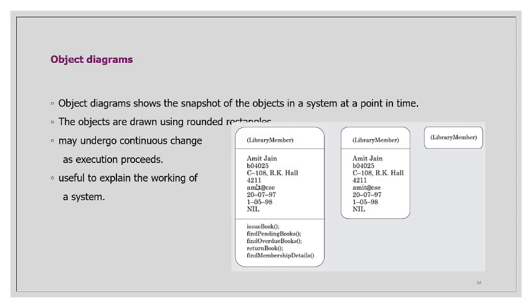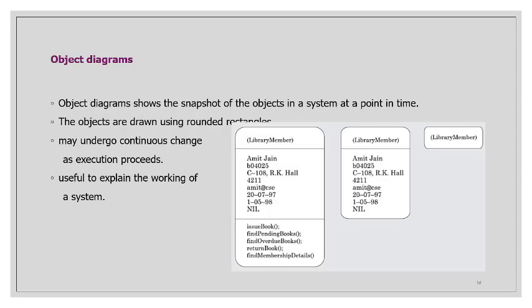The objects are drawn using a rounded rectangle. The classes are drawn in a rectangle, but the objects are drawn in a rounded rectangle. In an object diagram, there is the name of the object, then the values of the object, and then the operations associated with that object, and these operations look the same as in a class diagram.